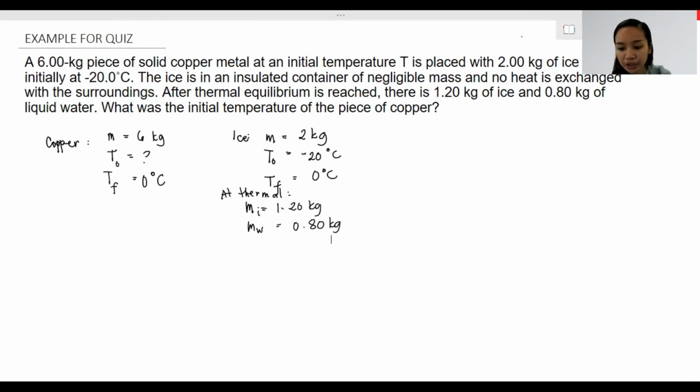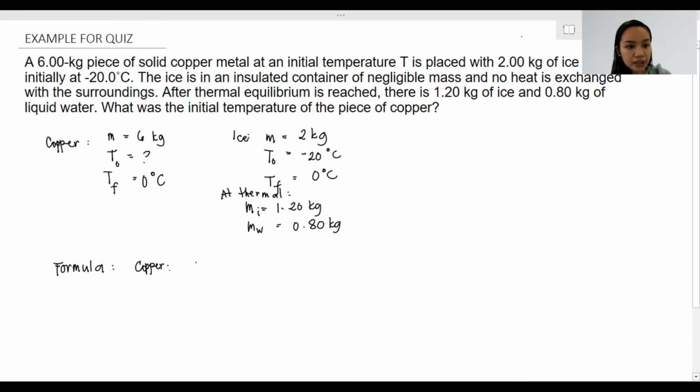Now here we are going to use the formulas. For copper, we did not change phase, so it did not go from liquid to solid or solid to liquid.